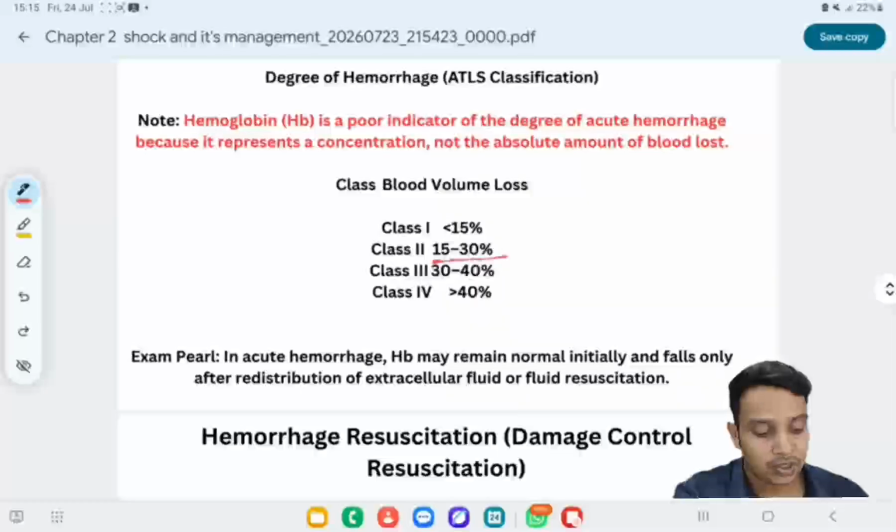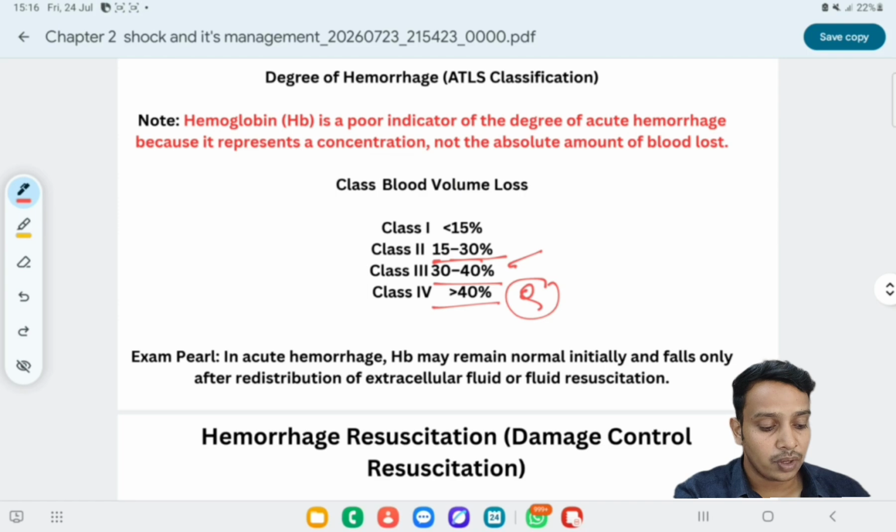Remember friends, blood pressure will drop only in the class 3 stage, that is 30 to 40%. Also remember, hemoglobin is a poor indicator of the degree of acute hemorrhage, because it represents only concentration of RBC, not the absolute amount of blood volume loss. So never always rely on your hemoglobin.